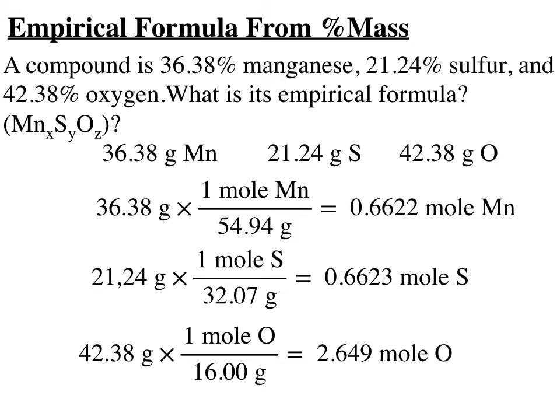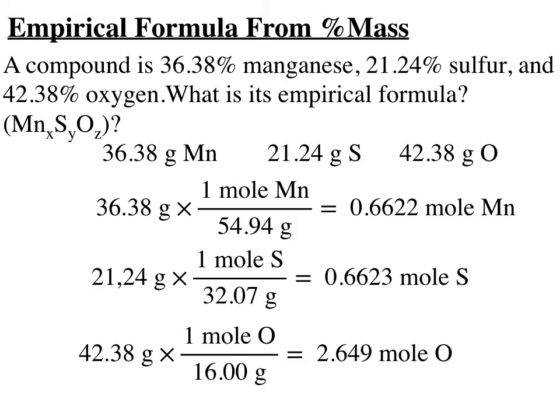We can find how many are present by taking these masses of each material and dividing by their molar mass to find the moles, because remember, the moles more accurately reflect how many of each we have. So I divide each by their molar masses and find that there's 0.6622 moles of manganese to 4 digits, because that's the precision to which I know each mass.